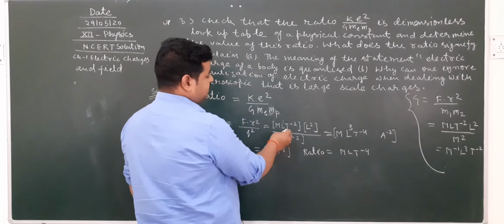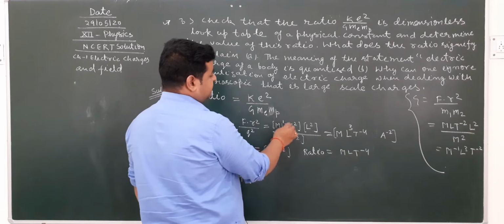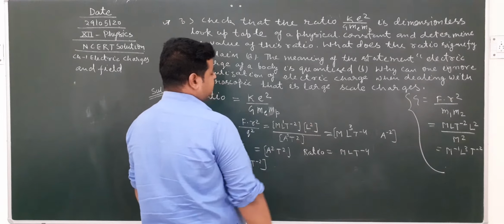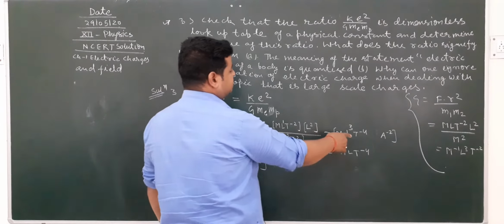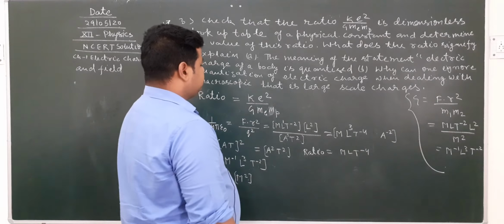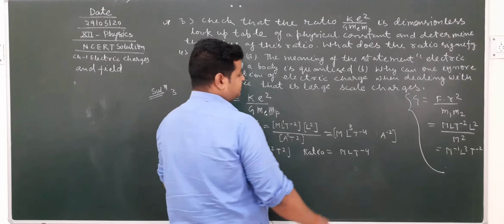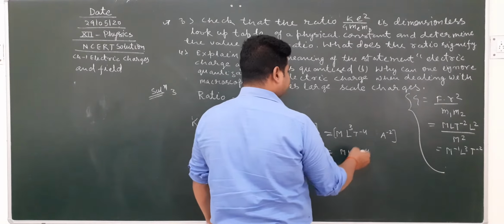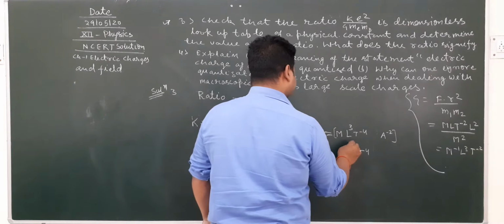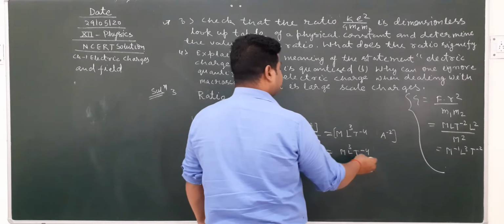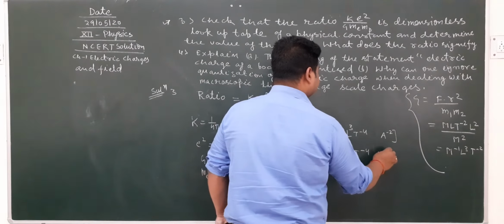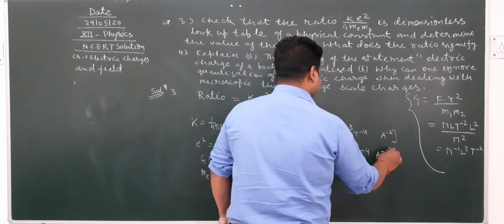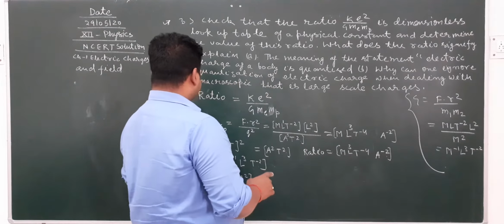Clear? Because here L is raised to power 1 and here L is raised to power 2, so 2 plus 1 is equal to 3. So M L3 T minus 4 A raised to power minus 2. This is the dimensional formula of k.